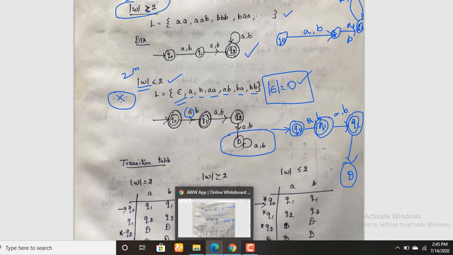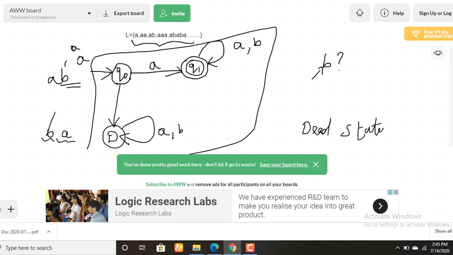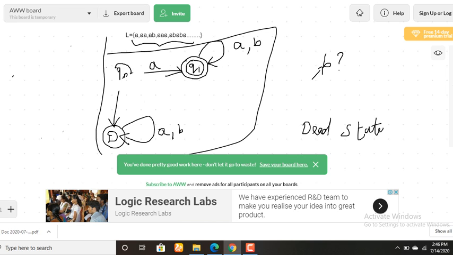So I can draw it here. For accepting epsilon, make the starting state a final state. For accepting a single A, the next state also becomes a final state.